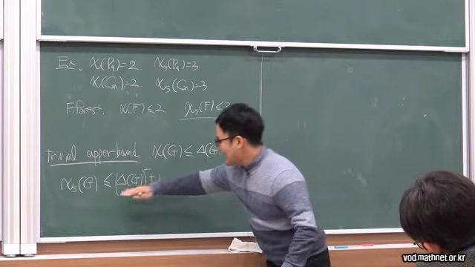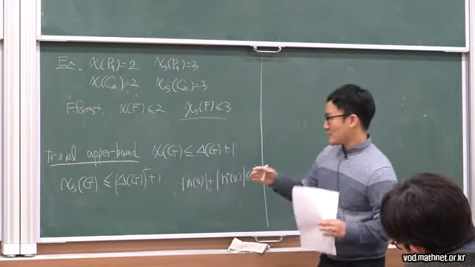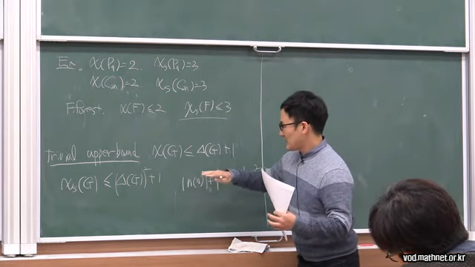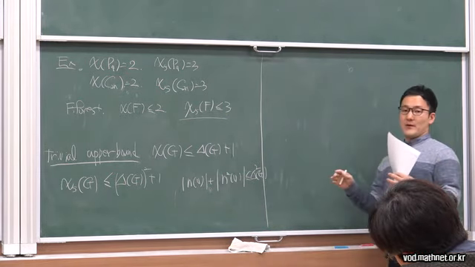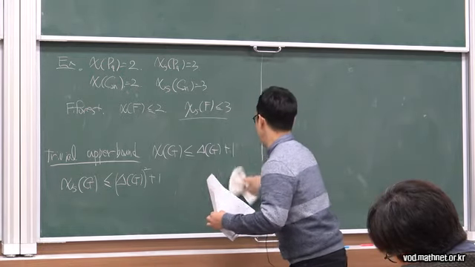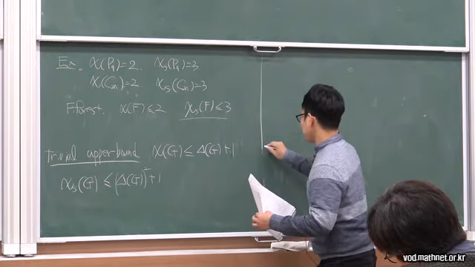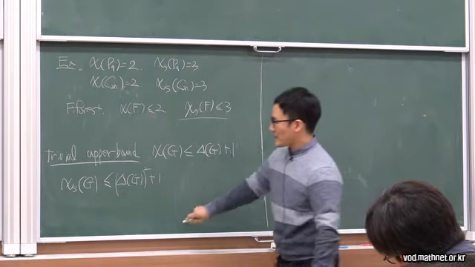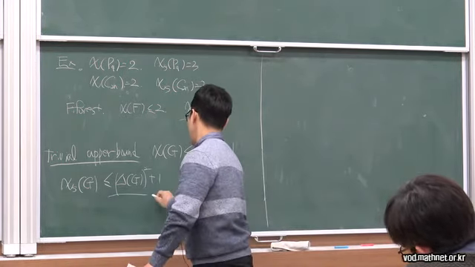Because you have this number of colors, you always have one additional color which is not used on its neighbors and its second neighbors, so you can color it greedily. So indeed, if you have this number of colors, then you can color.